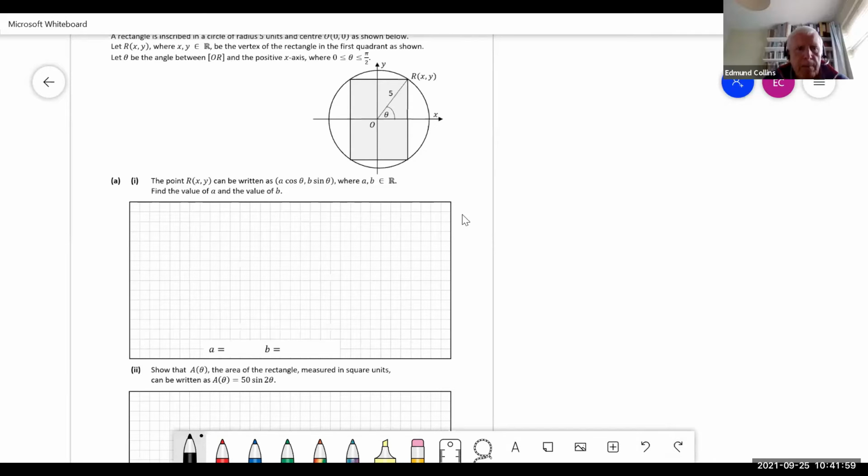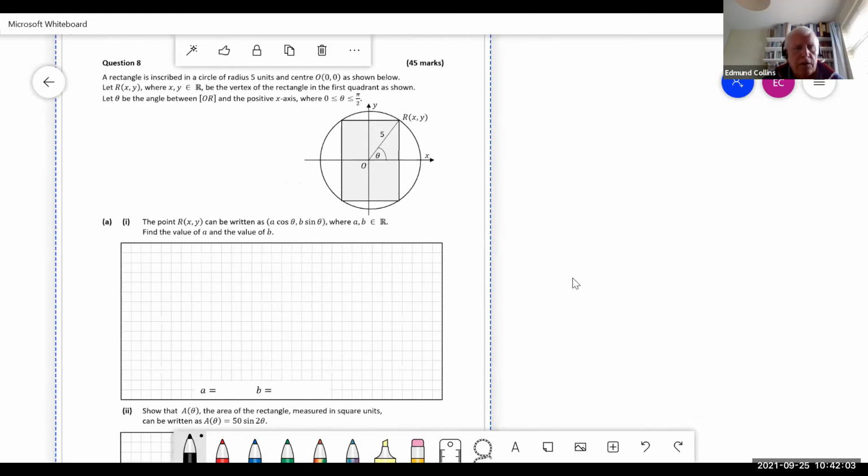Now, this is question 8 from 2020, and I'll be going through two parts. Part A, 1 and 2, which are directly related to trigonometry, but trigonometry comes up in subsequent parts of the question to some degree.